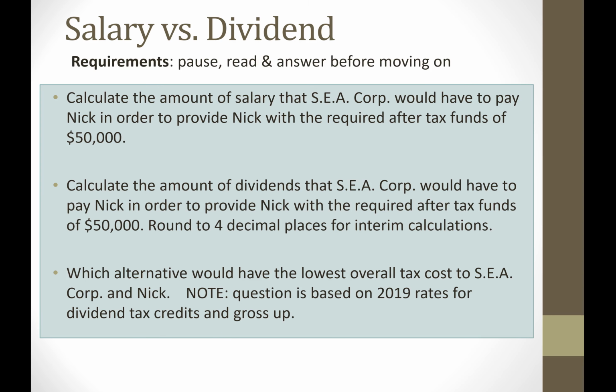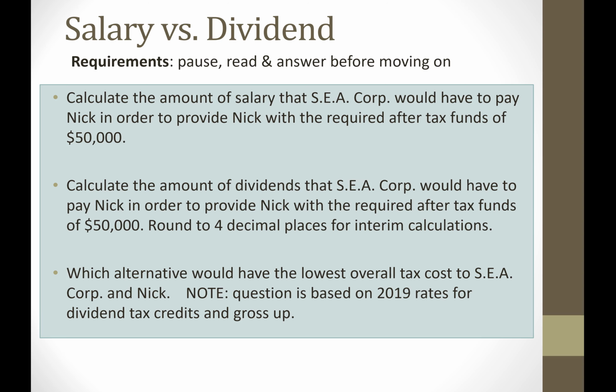Now, also, if you have not yet worked through the answer and read the case requirements, pause the video here. There are 3 requirements. The first bullet point: what is the amount of salary that Nick would require from C Corporation to have after-tax funds of $50,000? The second one is: what is the amount of the dividend? With the dividend question, you're going to be doing some interim calculations.